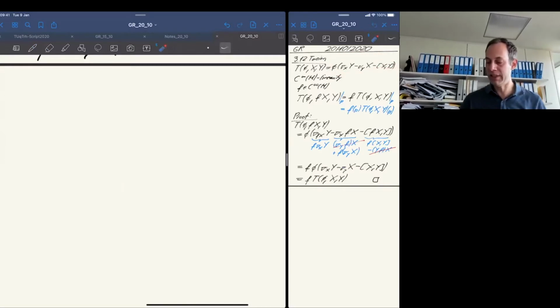If I dropped the Lie bracket here, we would not have this term, and this term would therefore not cancel, and the whole thing would not be a tensor. So that's in a way the explanation why we need the Lie bracket here. Of course, there will be other explanations, but this is the explanation which would say that if you just defined this as your tensor, it would not be a valid tensor, because it would fail the proof we just made.